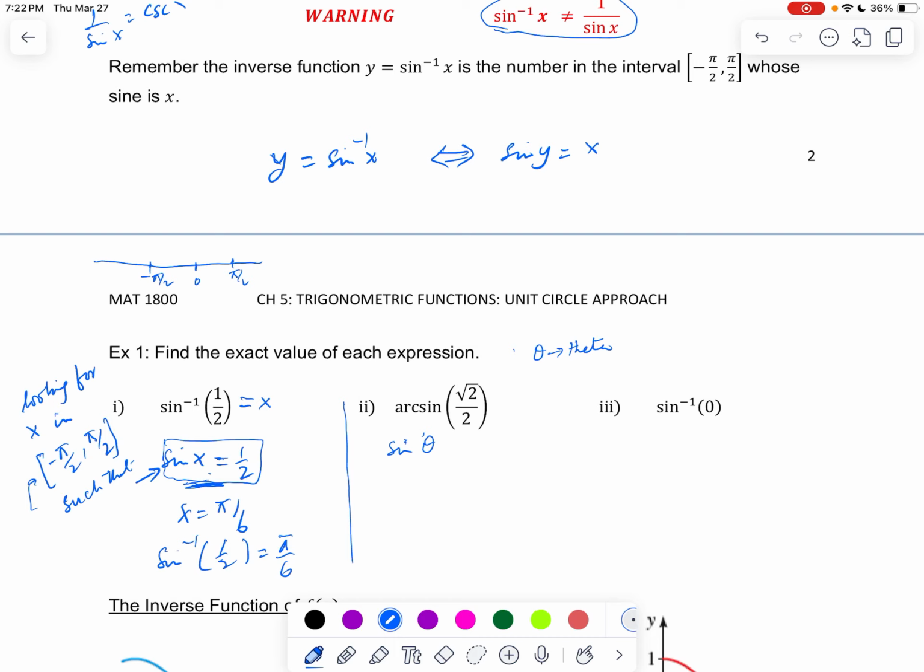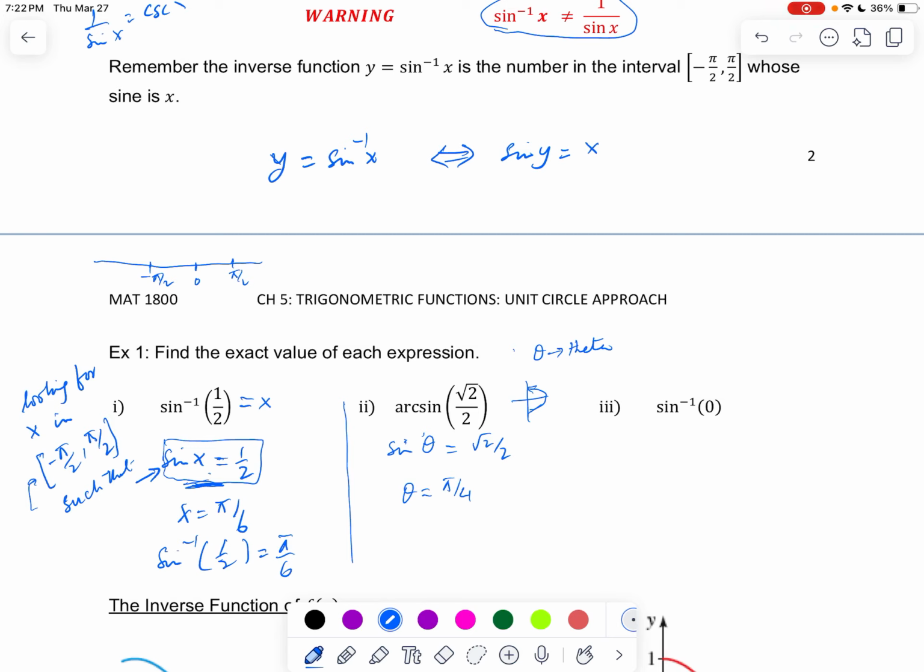We can use any variable, any symbol here. We are looking for theta so that sine of theta equals square root of 2 over 2. But what is the restriction? Theta must be in this region, so it must be either in the 4th quadrant or in the 1st quadrant. So what is that? Pi over 4.